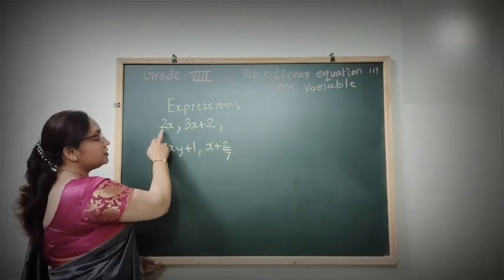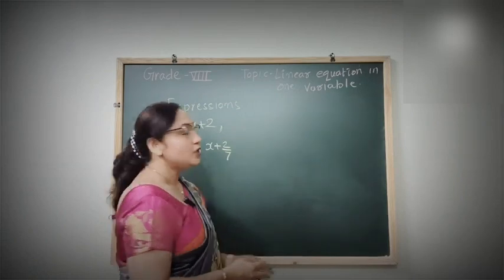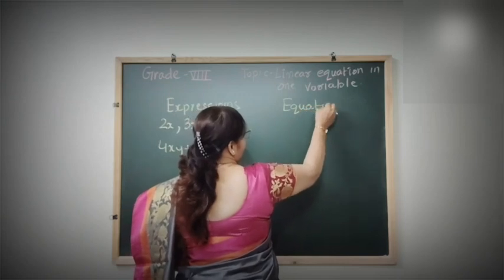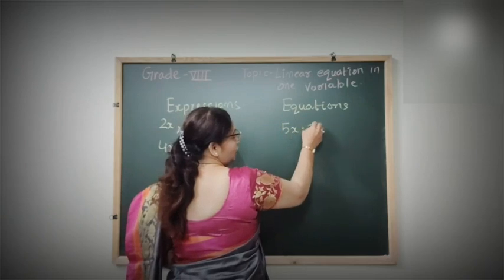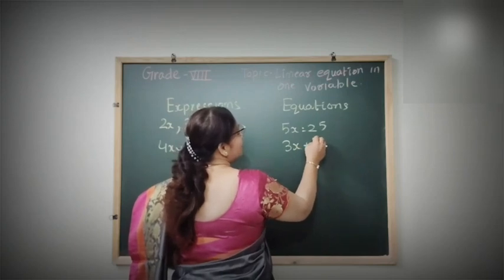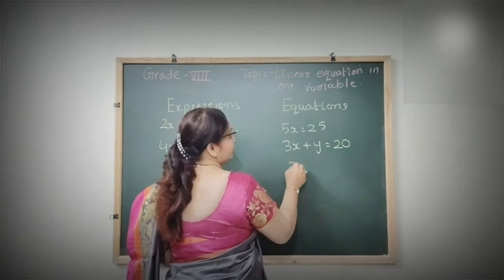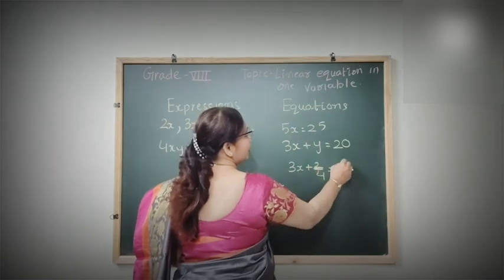Okay, you can see that there is a number also and a variable also. On the other side, what do you understand by equations? Suppose I say 5x is equal to 25, 3x plus y is equal to 220, 3x plus 2 upon 4 is equal to 9.